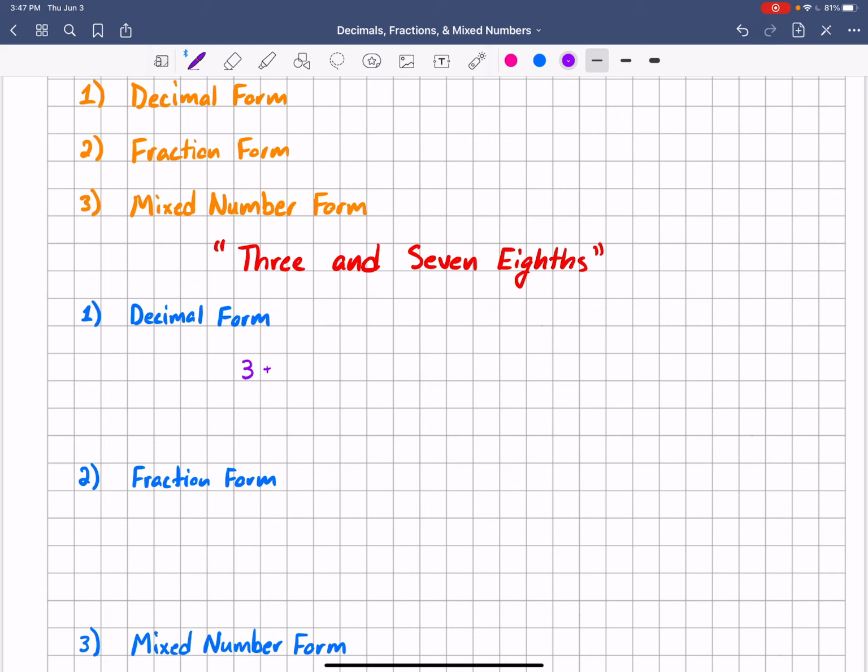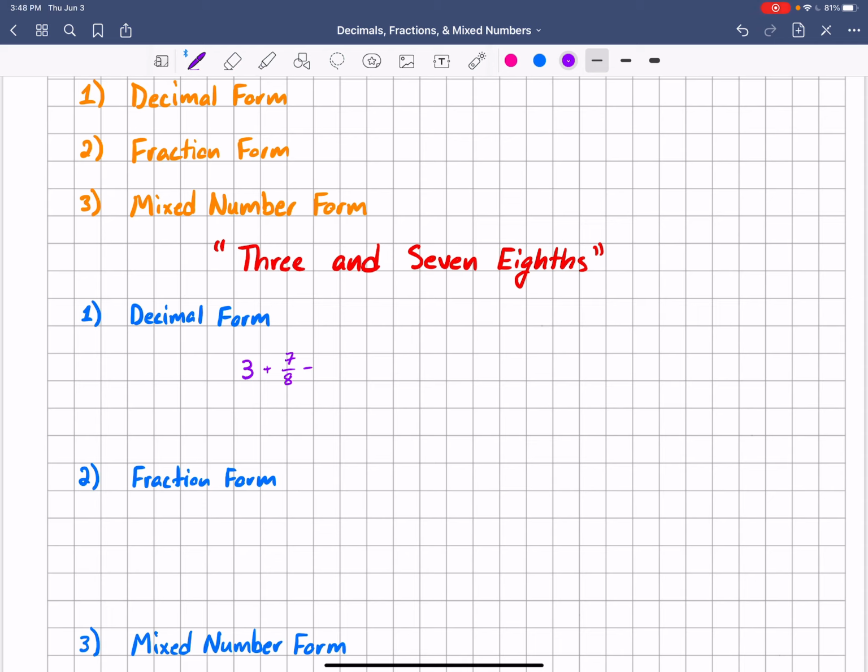And 7/8 is the same as dividing something into 8 pieces and you only have 7 of those pieces. So 3 7/8 could be represented this way, but our goal is to turn this into decimal form.